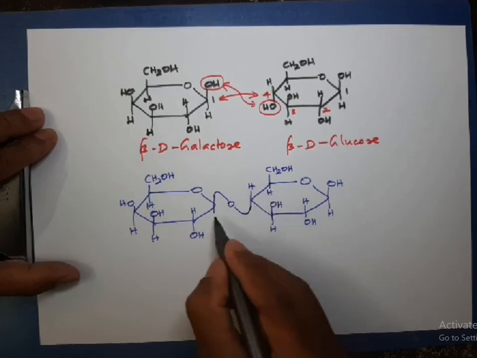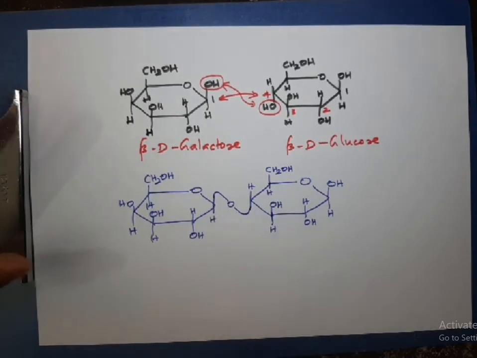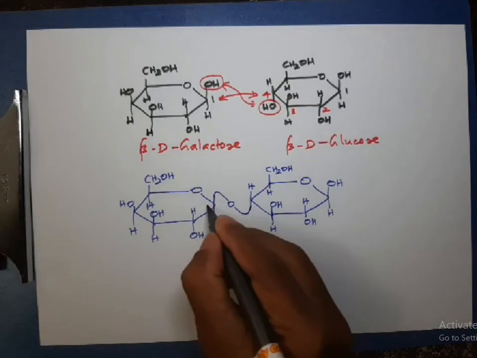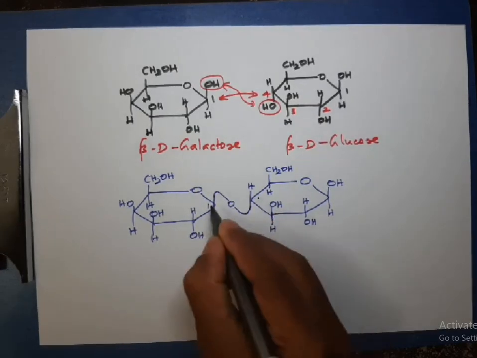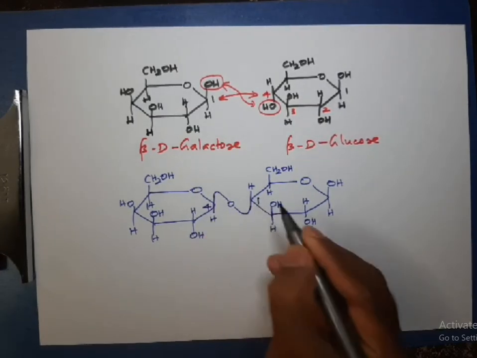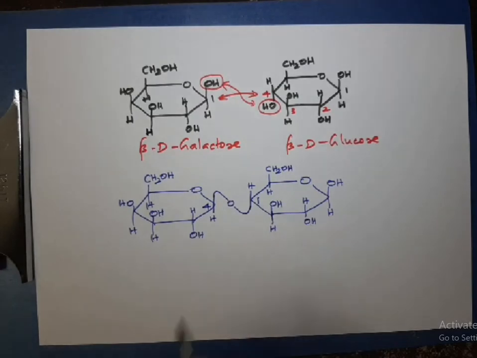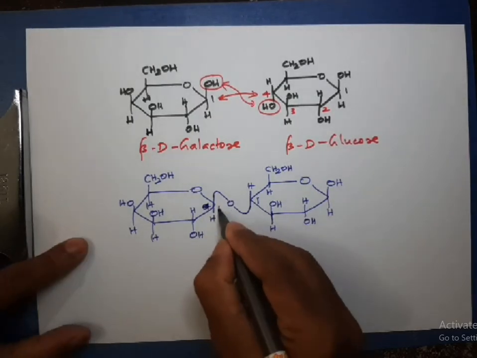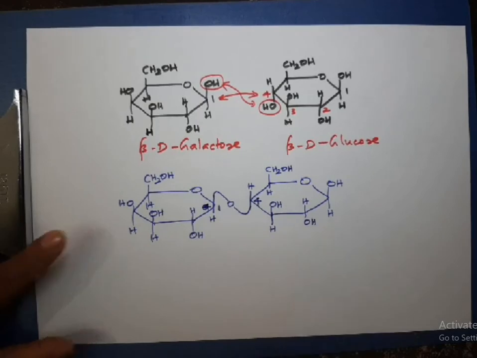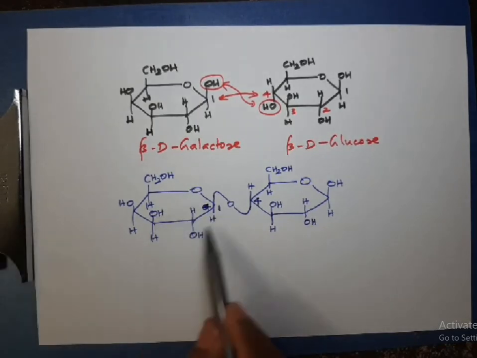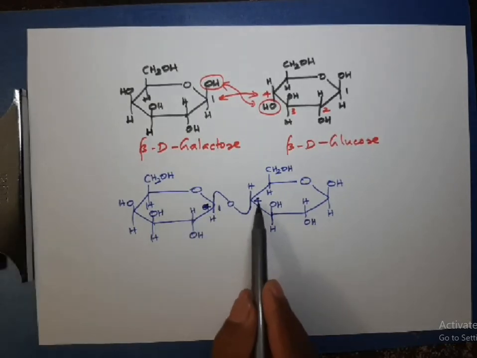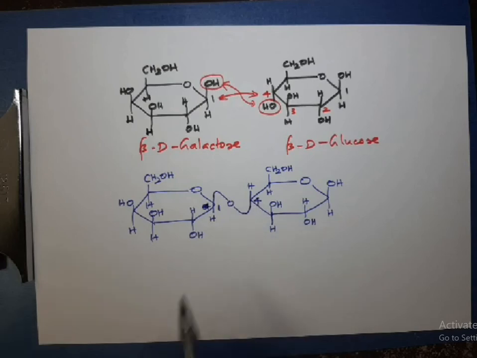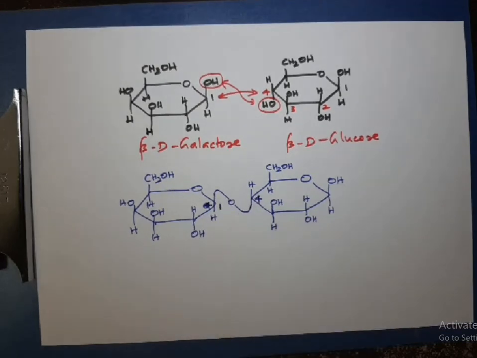Here we have hydrogen, here we have hydrogen. Now we have connected carbon 1 and carbon 4. Sorry, very sorry, this is carbon 1, this is carbon 4. I have connected carbon 1 of galactose with carbon 4 of glucose through a beta glycosidic linkage.